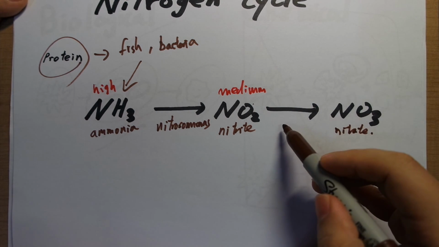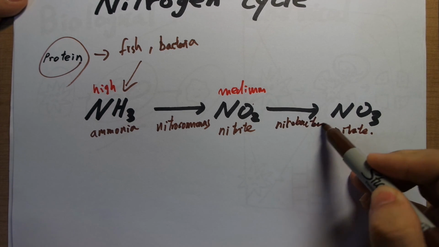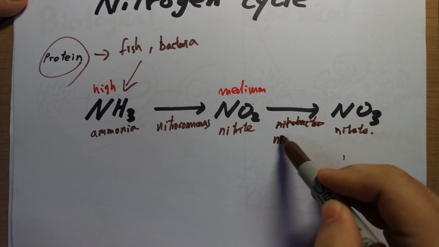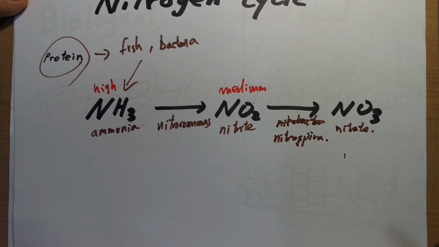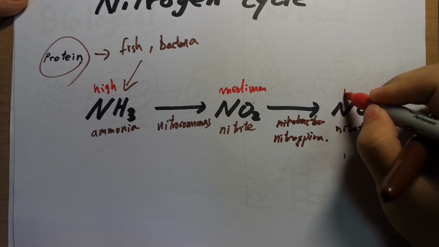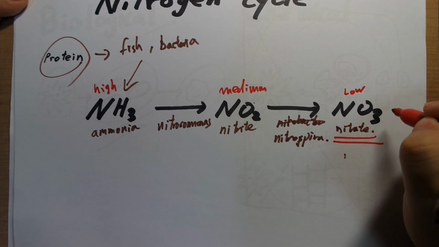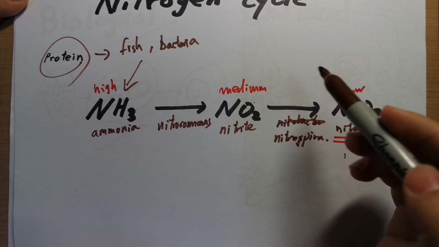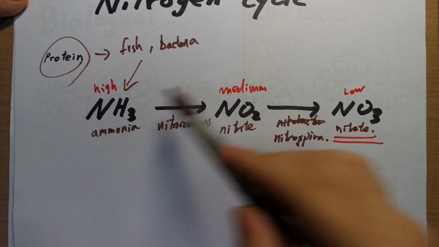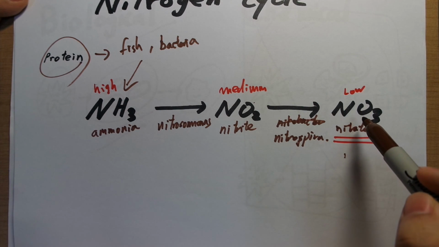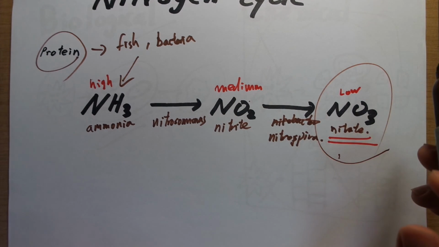This was previously thought to be done by Nitrobacter, but actually it turns out it's mostly Nitrospira. So this is the final product, which is nitrate, and this has a pretty low toxicity. So basically, biological filtration is turning stuff that is highly toxic into stuff that is not so toxic. So that is the nitrogen cycle. You end up with the end product of nitrate.